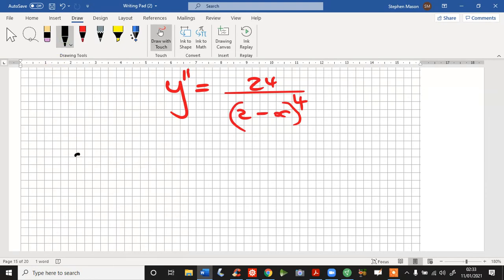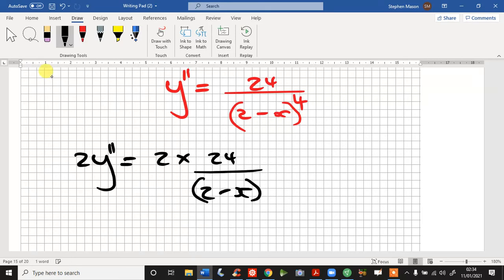We find that 2y double prime is equal to 2 times 24 over 2 minus x to the power 4. Now, this can be written as, well, 24 is divisible by 3 to give 8. 8 3s is 24.